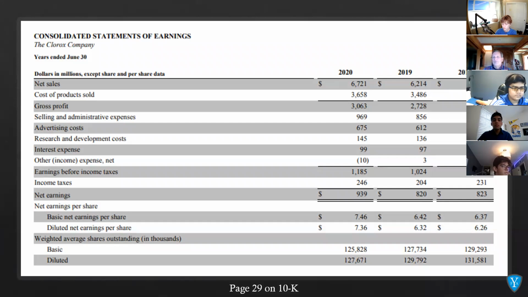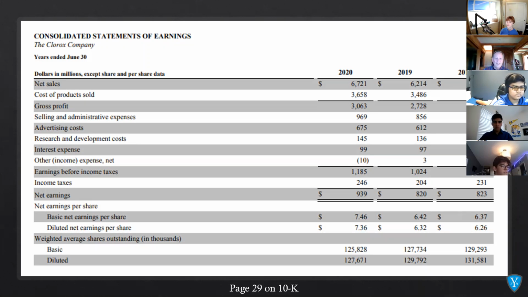Clorox Company uses what we call a fiscal year financial statement. So rather than reporting on a calendar year like 2020 or 2019, their fiscal year ends on June 30th rather than December 31. So each of these years is reporting on 12 months, all ending on June 30th, and that's the fiscal year that Clorox Company has chosen to report its information.